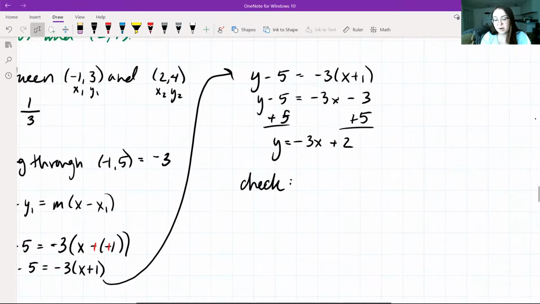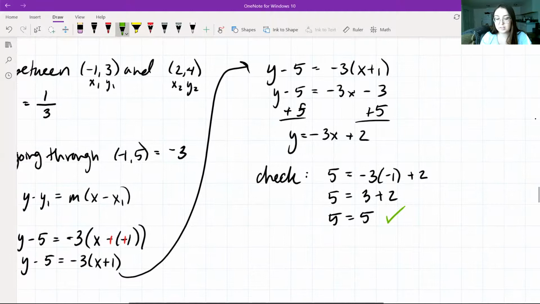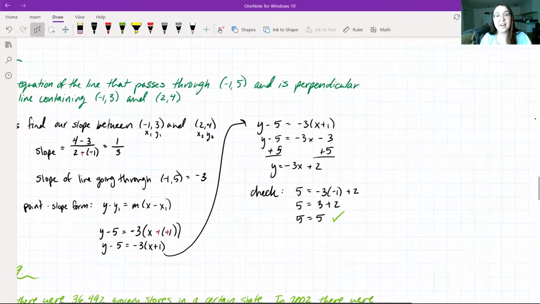So we know our value of y was 5, our value of x was negative 1. So we have 5 is equal to negative 3 times negative 1, which is just going to be 3, plus 2. And we get 5 equal to 5. So we know that this equation of the line is correct.